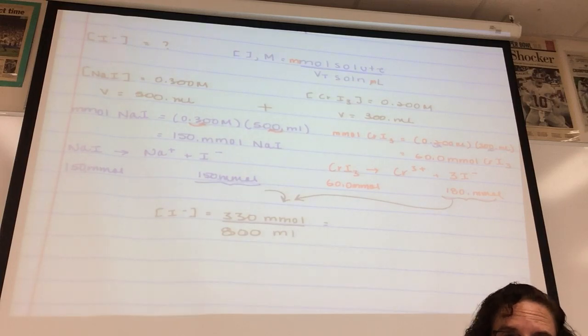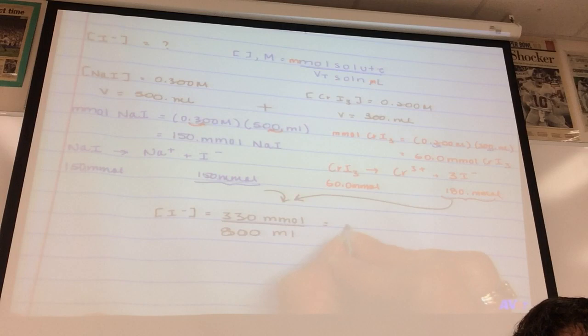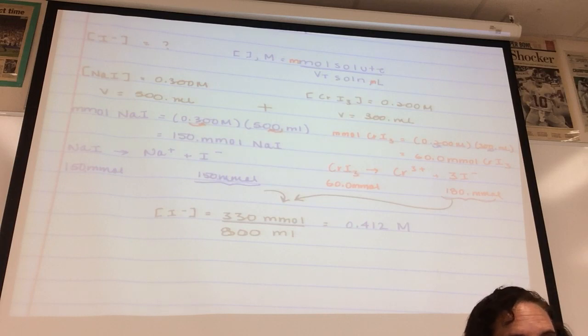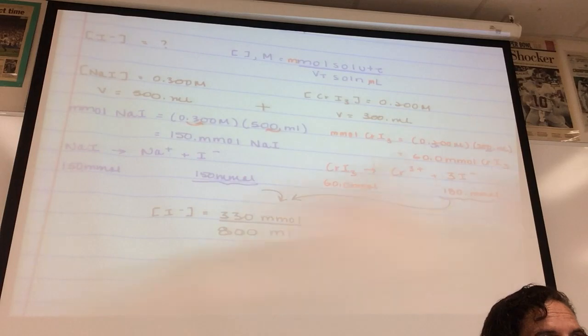So you're somewhere between those two, and you're a little closer to the 0.5 than you are the 0.25. This is 0.412 molar. But again, in a multiple choice situation, you would just find the range and you'd be fine. If they gave you 0.25, 0.412, 0.5, you would know what it was.